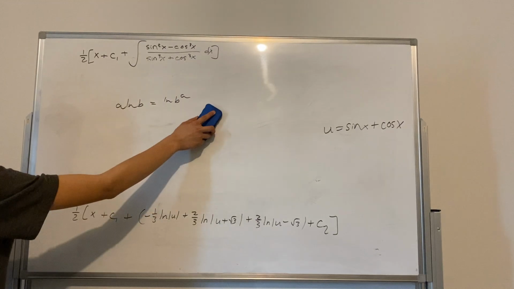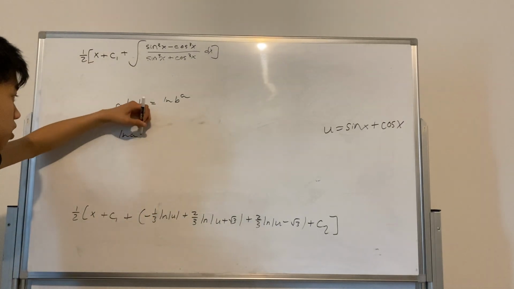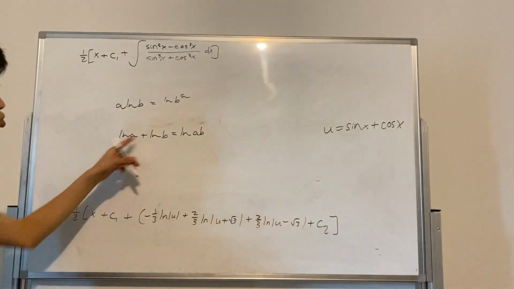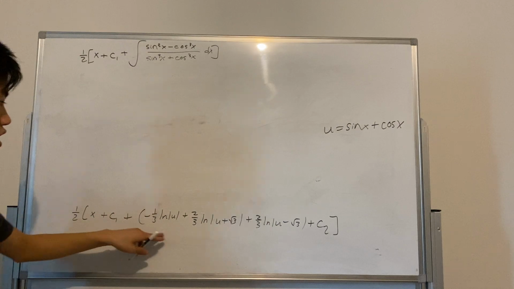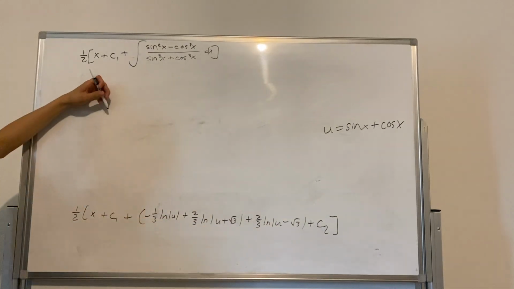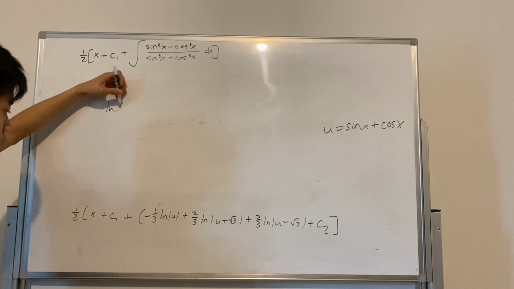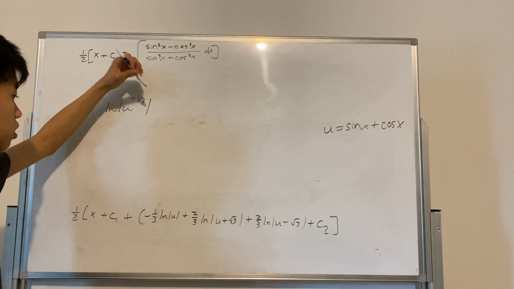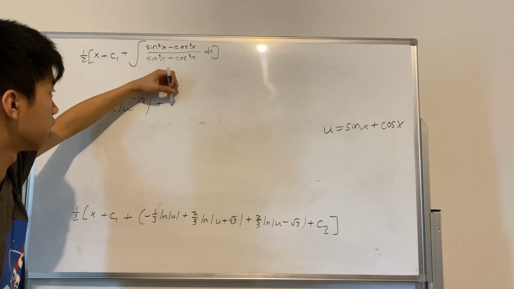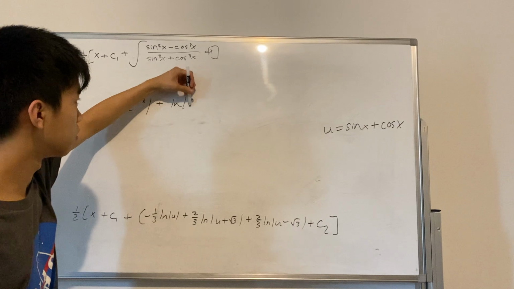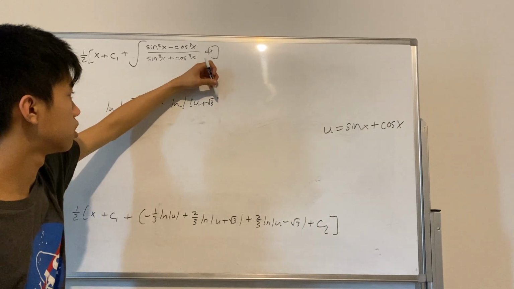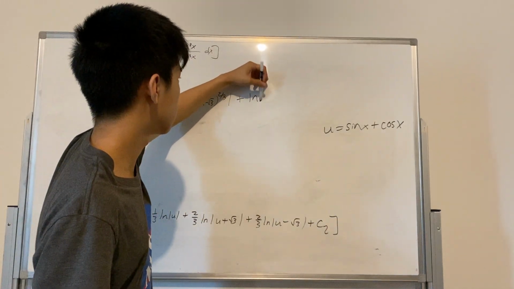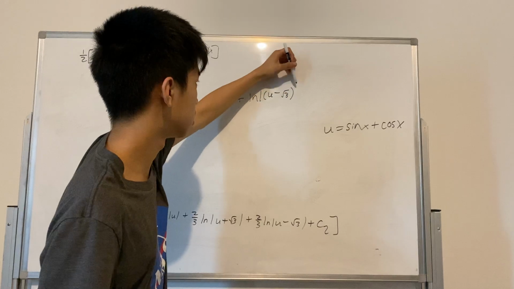And ln of a plus ln of b is equal to ln of ab. So using these rules, we can simplify this a little. So we have ln of u to the negative 1/3 power plus ln of u plus root 3 to the 2/3 power plus ln of u minus root 3 to the 2/3 power.